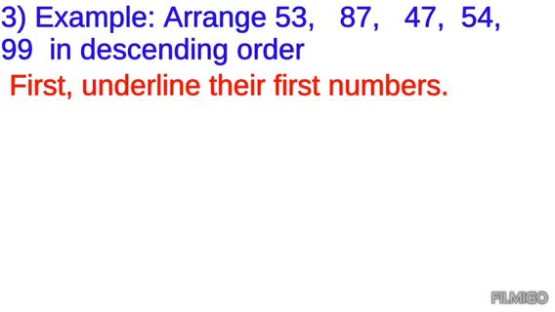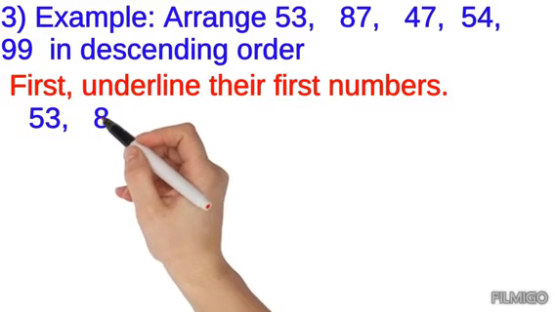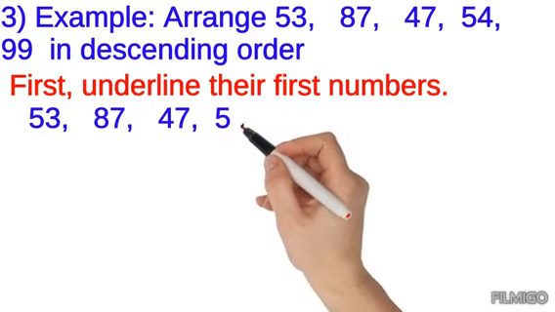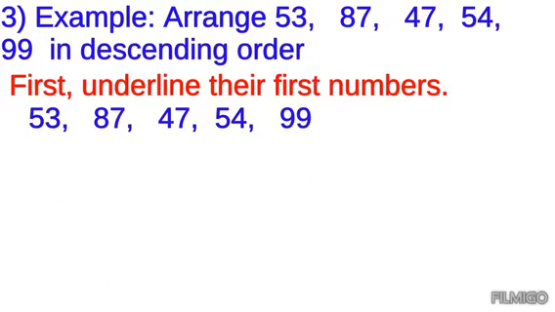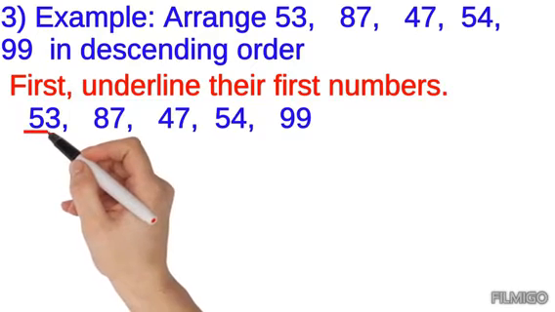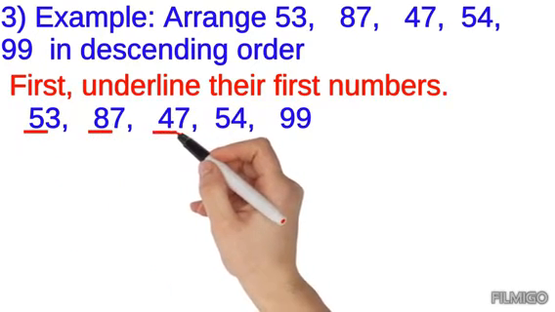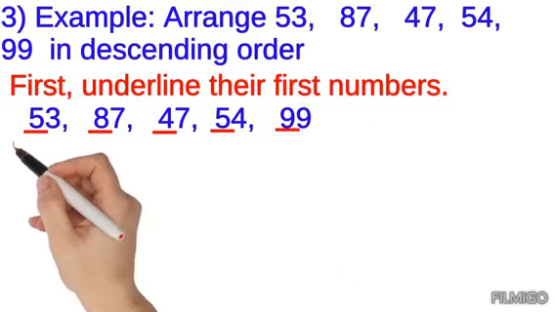Now we're going to write out all our numbers out. We are done. Let's underline the first number. We have 5, 8, 4, 5, 9.